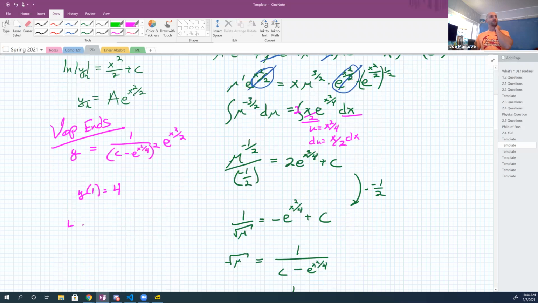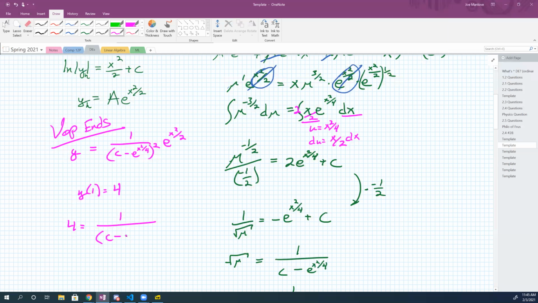So that would be 4 is 1 over my c minus, let's see, what do you get when you plug that in there? e to the 1/4, e to the 1/4 squared. And then on the top, I have an e to the 1/2.